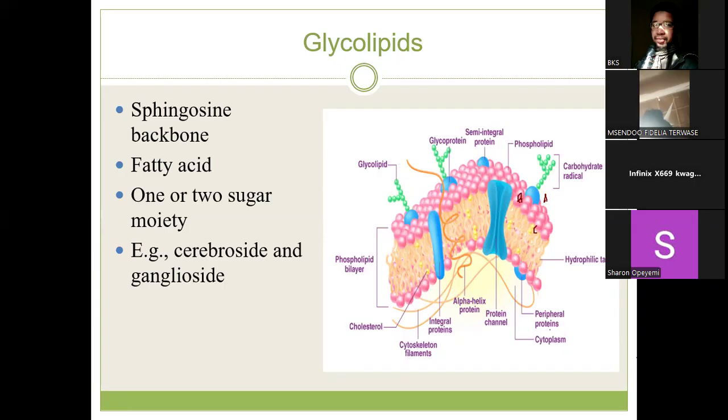It can be one monosaccharide, or two sugar moieties, and so on. When one is added, it is called cerebroside, which we will discuss when we are discussing the chemistry of lipids. When more than that is added, we have what we call ganglioside. Is that clear?